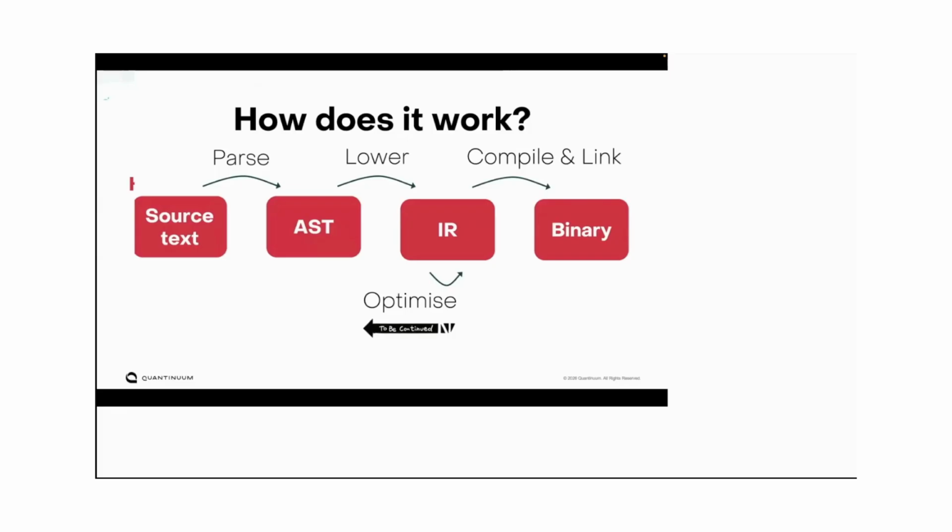And importantly, Python does not occur in here. We're not using the Python runtime at all to execute a program. This binary we get at the end is fully standalone, completely independent of Python. So the pipeline is completely independent of the actual Python runtime.